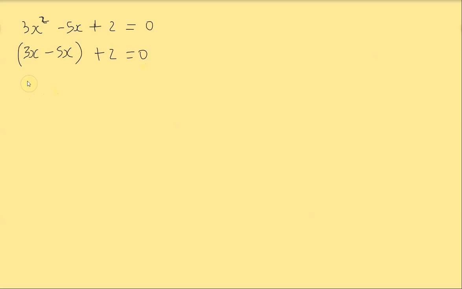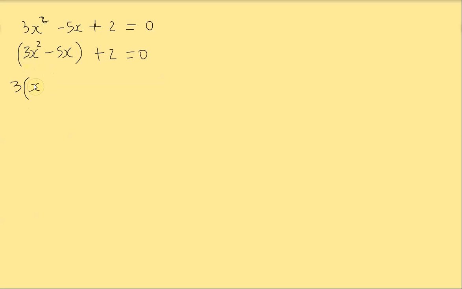Now what you would do after doing that, remember the square there, is factor out the coefficient of the x squared term, because you want the coefficient of the x squared term to be 1. So therefore we would factor out a 3.